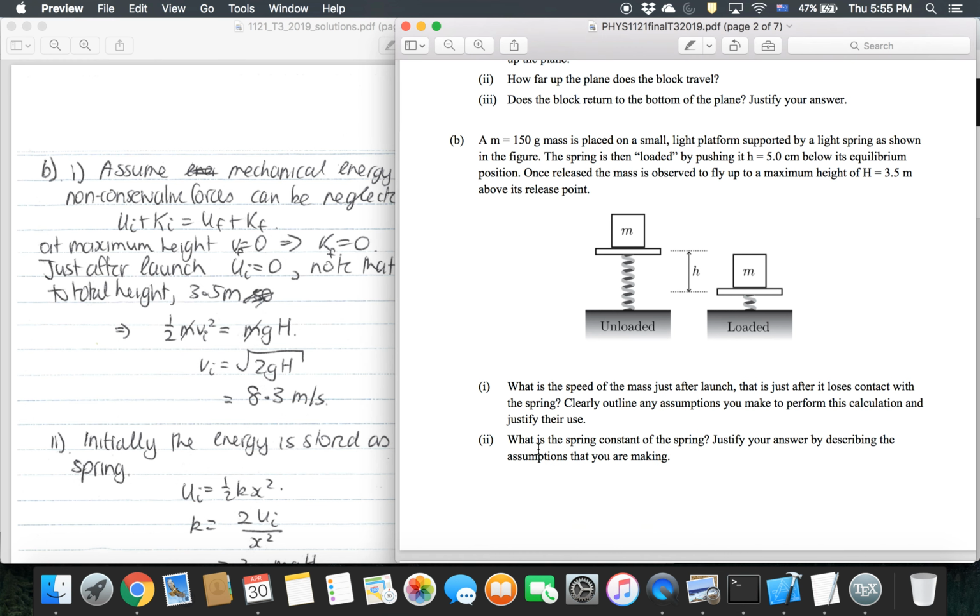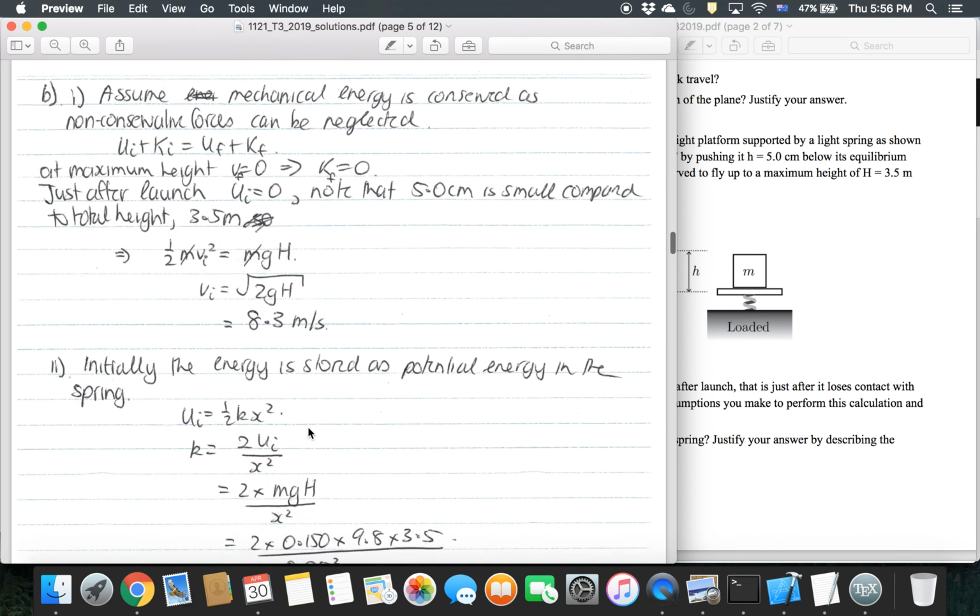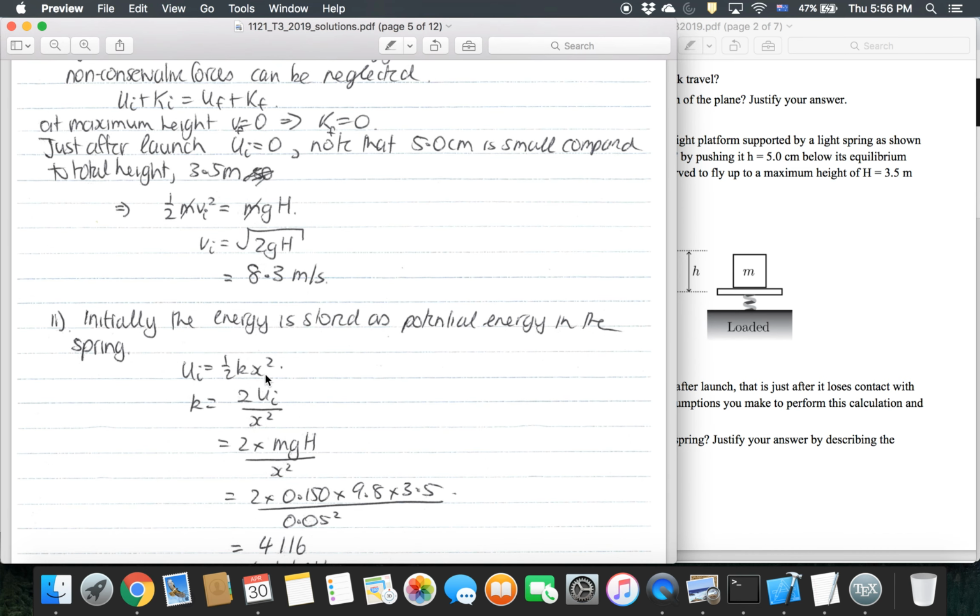Okay, and for part 2, what is the spring constant for the spring? And justify your answer. Like we said before, the initial kinetic energy was given by the spring unloading. So we can use that to relate the total energy of the box that's flying off with the energy that the spring had stored as spring potential energy.